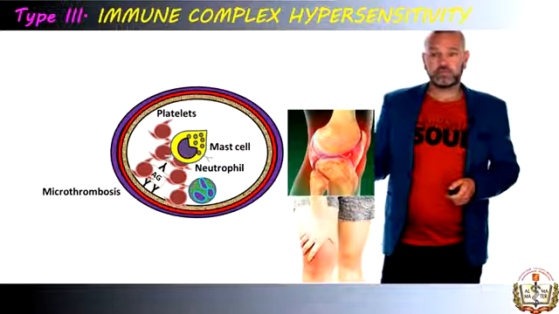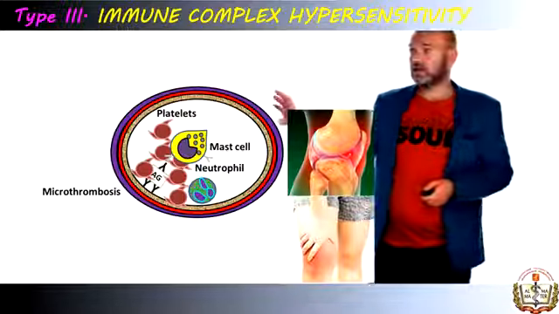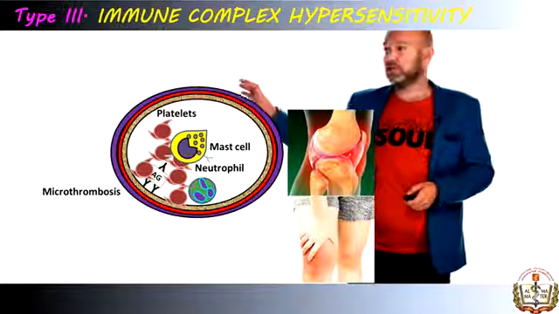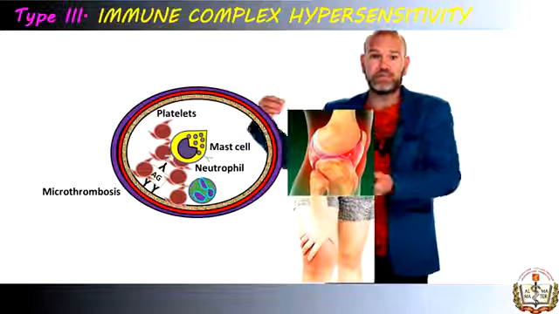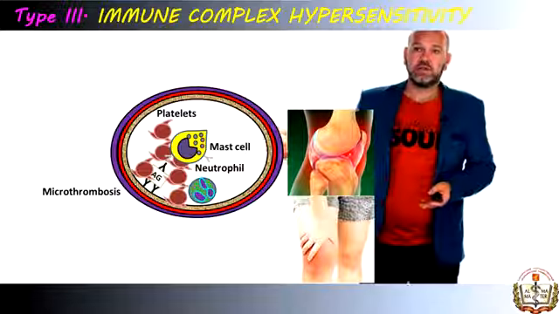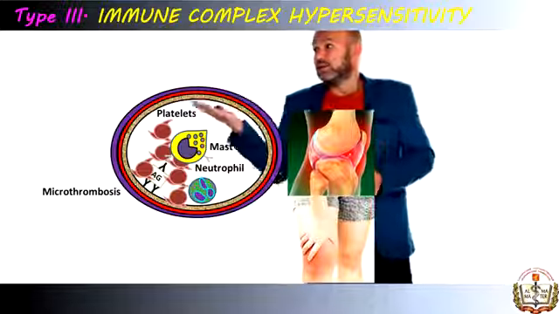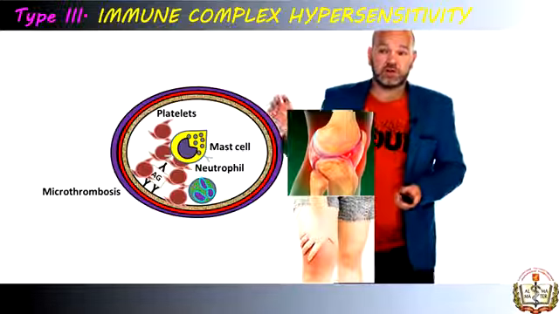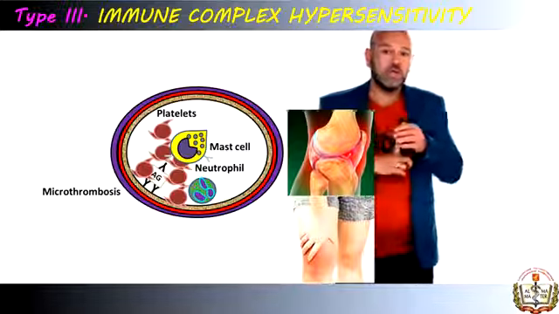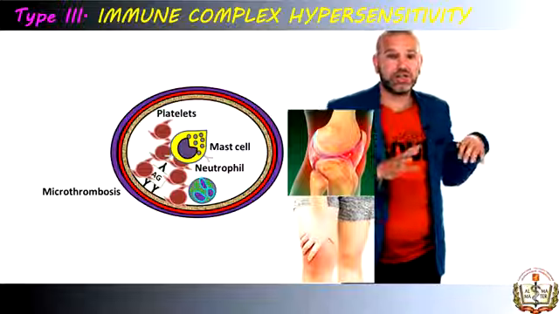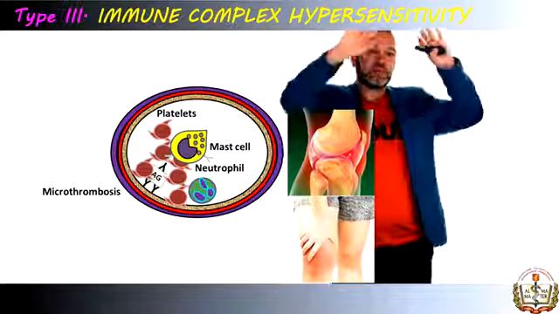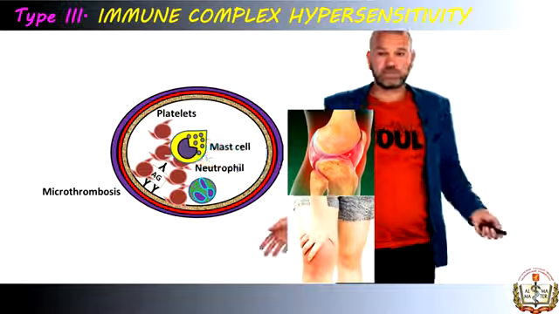So again, as far as complex of antibody antigen is in free state in serum, type 3 hypersensitivity, but it is as well immune complex hypersensitivity. So common symptoms of serum sickness are fever, rashes, polyarthritis, polyarthralgia, and all symptoms of inflammation, but generalized.